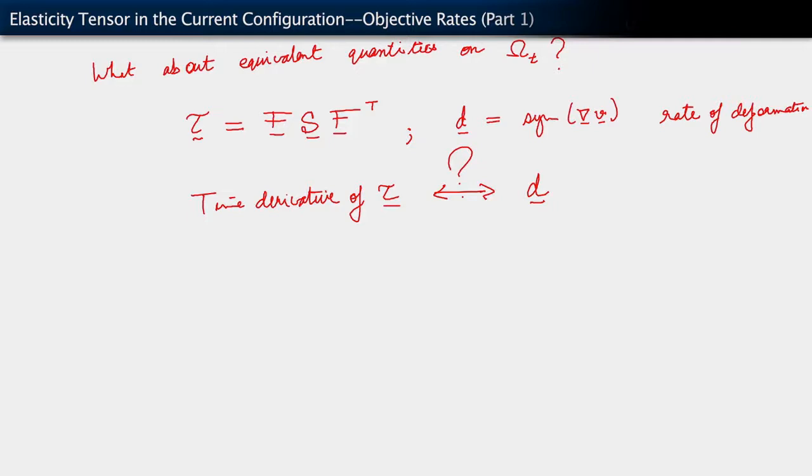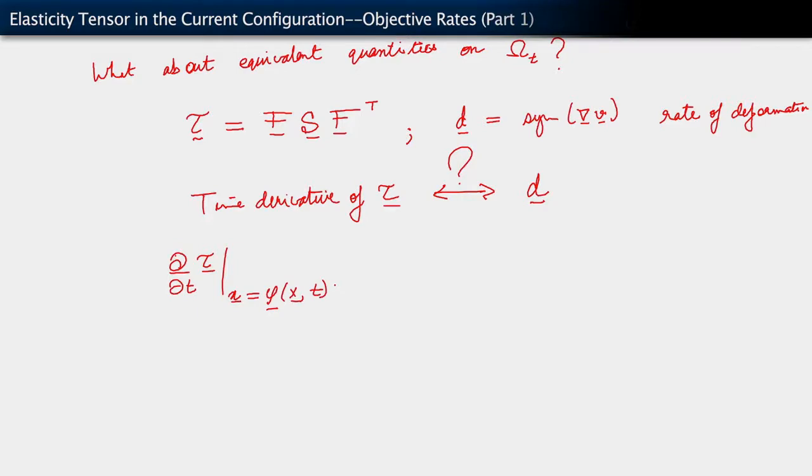Of course, tau is a spatial object, so you may say, I can take the material time derivative of tau. So one may consider the time derivative of tau, remembering that x equals phi. Indeed, one can compute this.